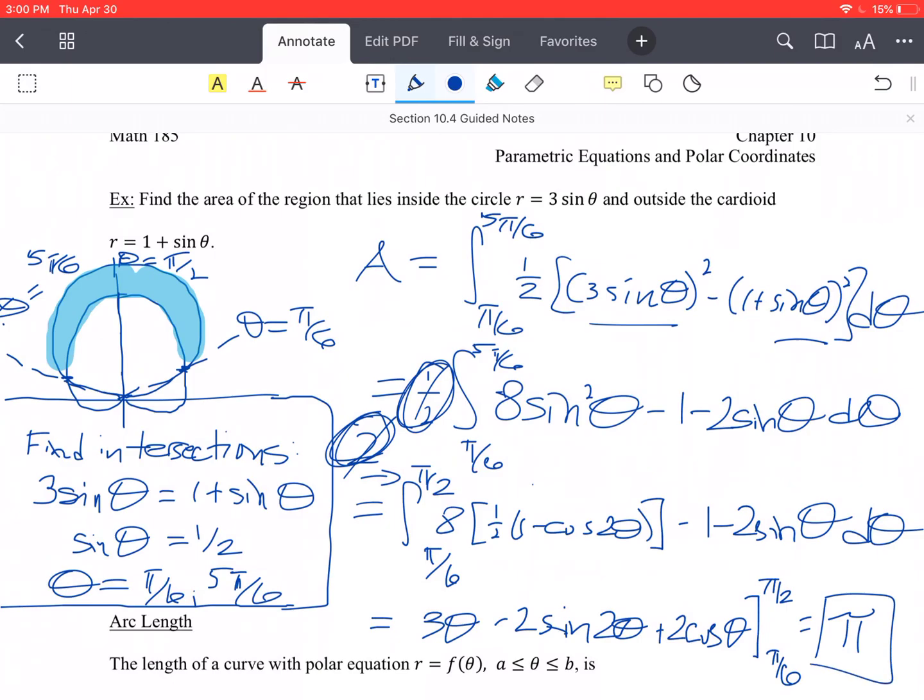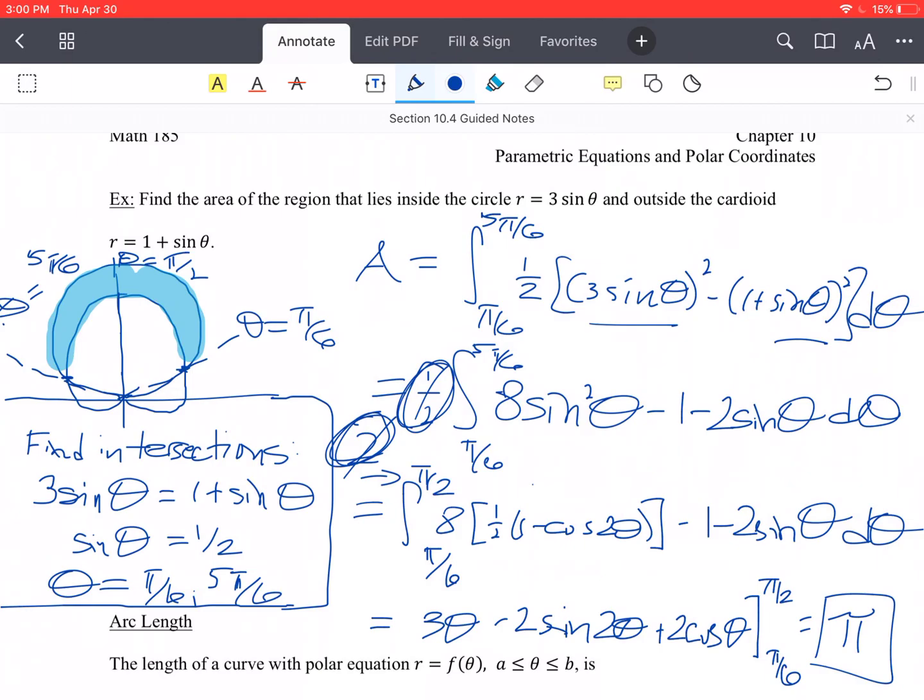So a lot of work just to get to pi, but a very interesting result that this area would be exactly pi. Pi, of course, is a never-ending decimal, which brings up interesting questions about finite area versus infinite area, but those aren't questions we need to be asking right now. But we got pi. So the area of that shaded region, outside the cardioid but inside the circle, is pi.